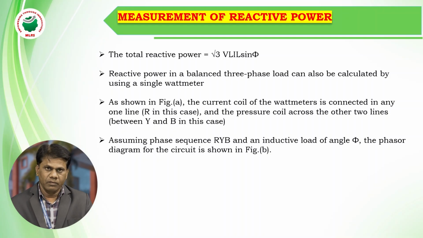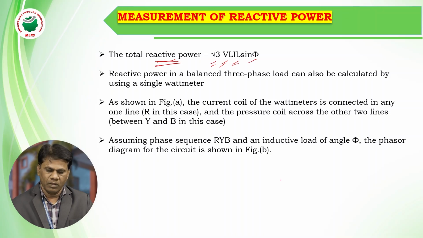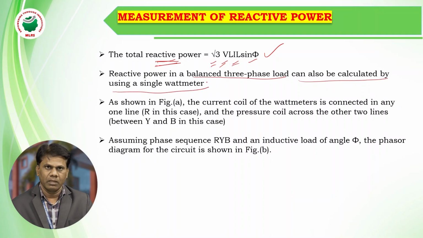We know the reactive power is given by √3 times VL IL sin phi. This is the general formula for reactive power. Reactive power in a balanced three-phase load can also be calculated using a single wattmeter.